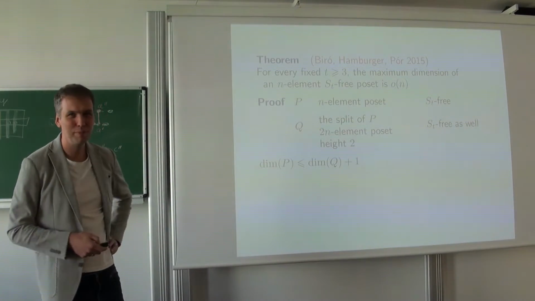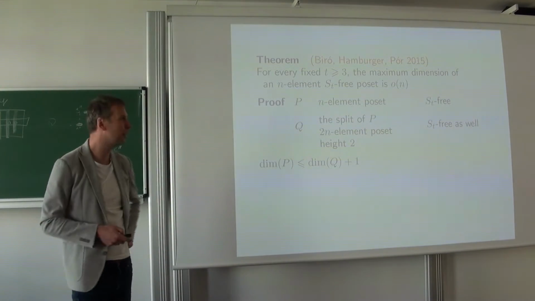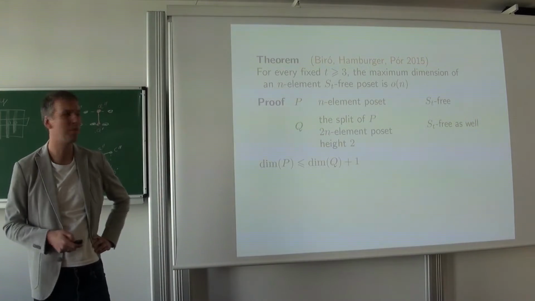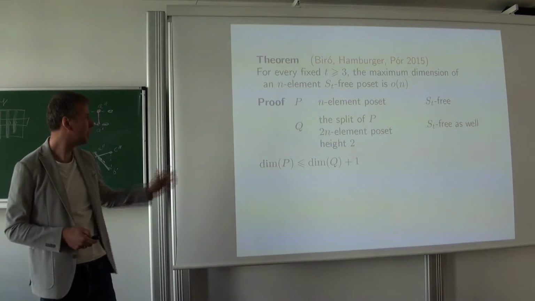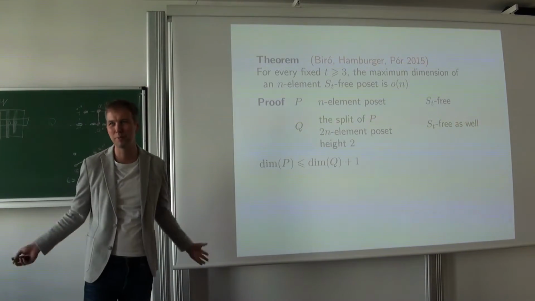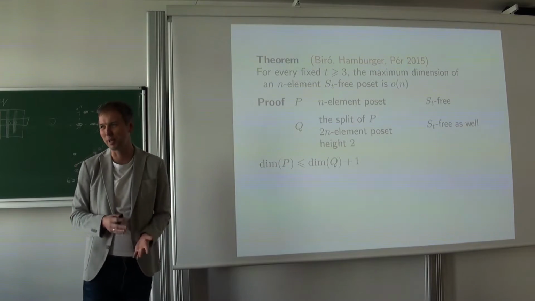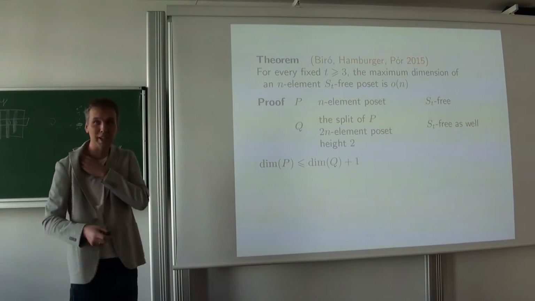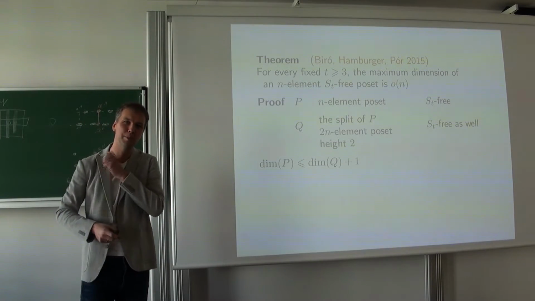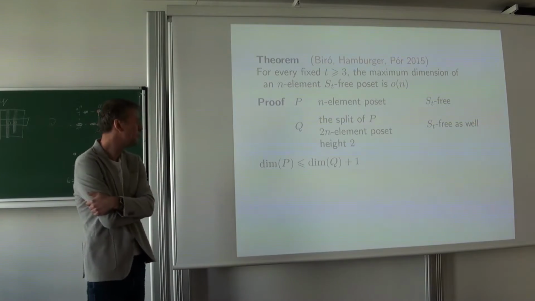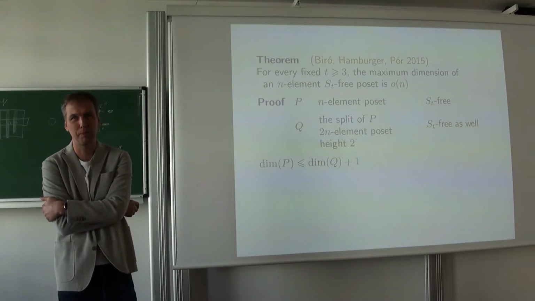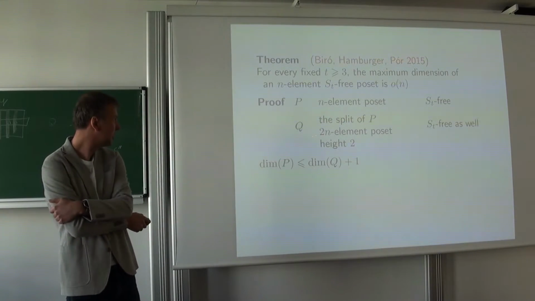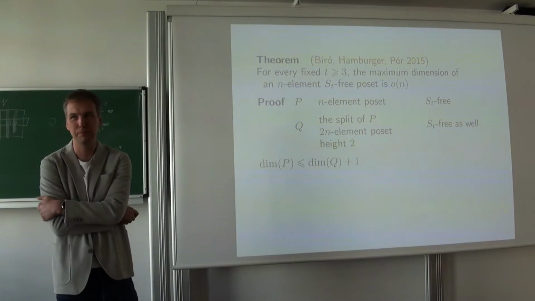Now we go to the proof of the theorem. Yes, so dimension is sublinear. Hooray! So here is the poset, n elements. This is what we expect, easy stuff. It's SD3, no standard example of order t. We take the split of the poset. And as we discussed, it's an n element poset.